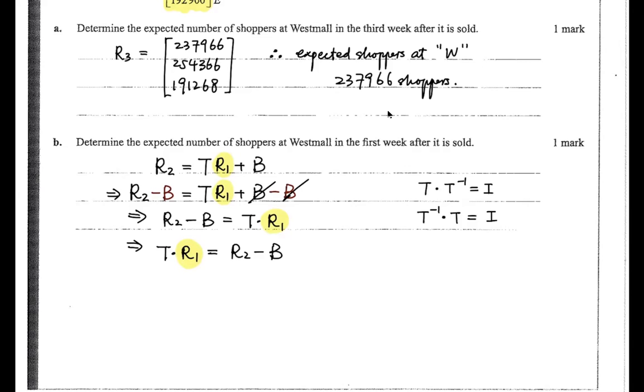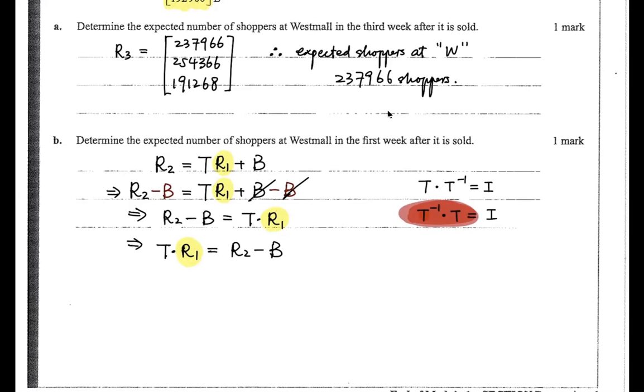In this case, which one should we choose? Definitely, we need to choose this one because the order of matrix multiplication does not commute, okay? So in this case, don't forget, do the same thing on both sides.